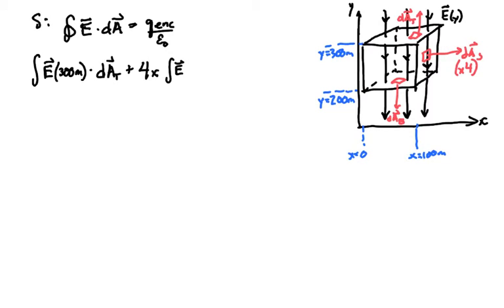Now this is going to be at varying heights, but you'll see that it won't matter. Dotted with our side differential area vector, plus the integral of our electric field at 200 meters, dotted with our differential area vector at the bottom.